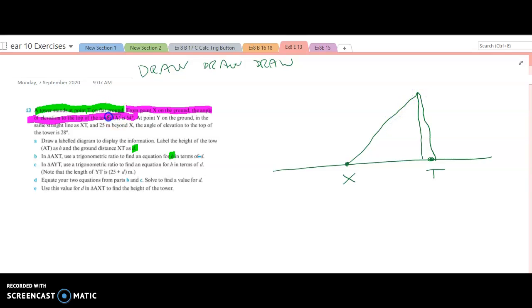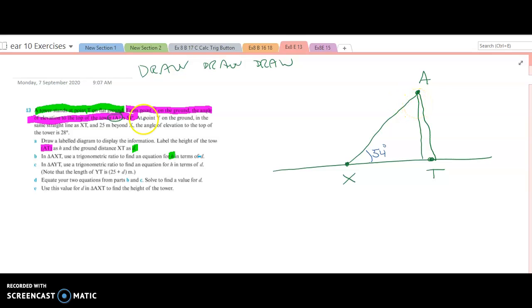And that was to the top of the tower. So there's the A. Now you want to understand what the A and T stands for. AT. Okay, there's your A and T. So that was 54 degrees. So obviously angle of elevation is always measured from the horizontal, 54 degrees. Do not measure it from there, that's the vertical.